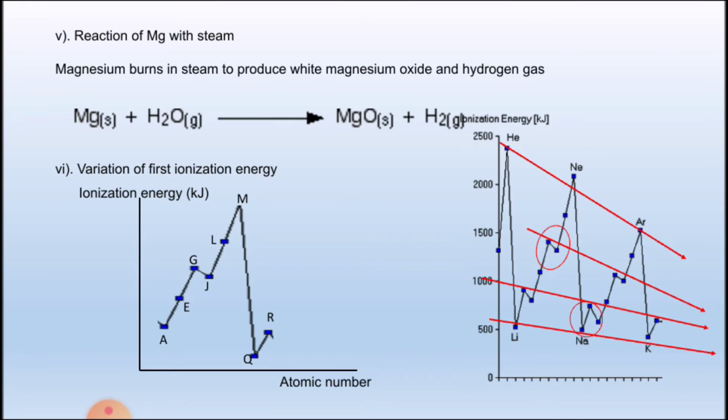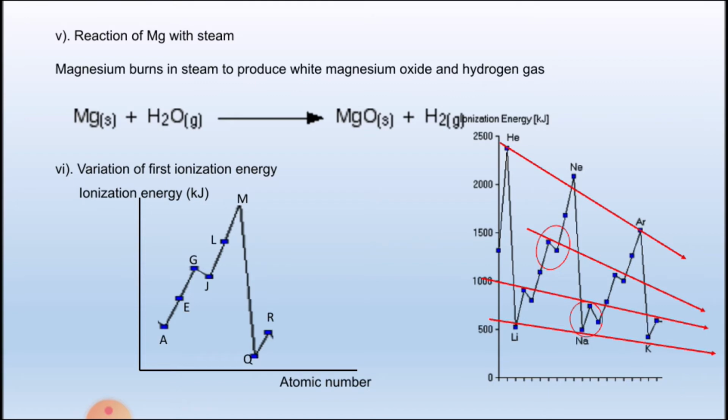If we consider the properties of first ionization energy, down the group ionization energy decreases, and group 8 has the highest first ionization energy, and group 1 has the lowest first ionization energy. And also you don't need to memorize this.